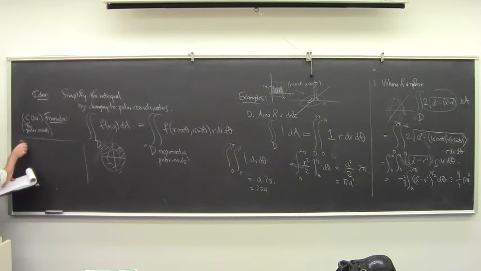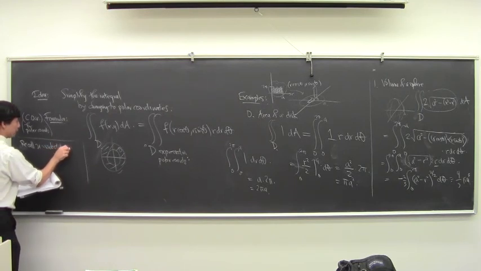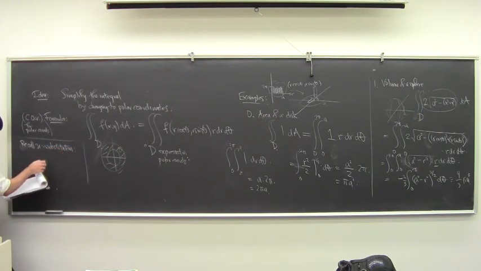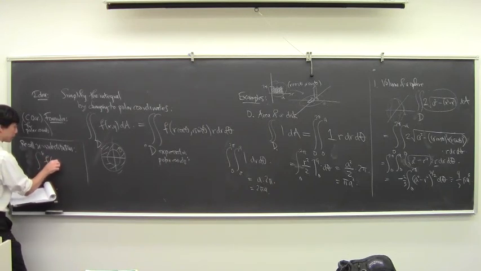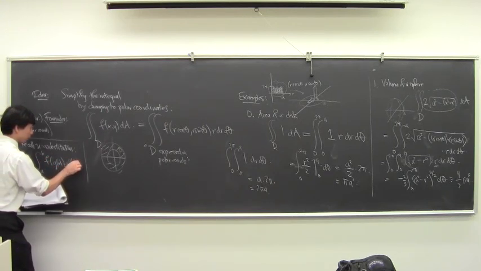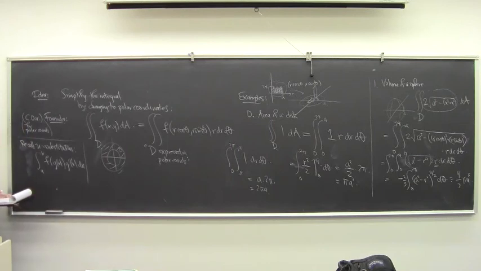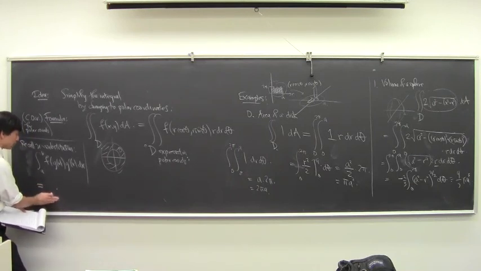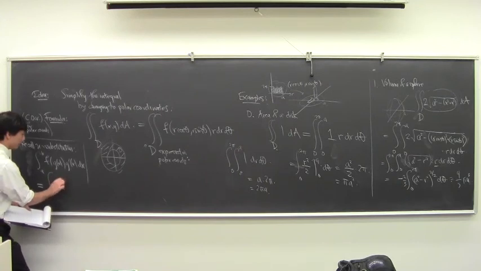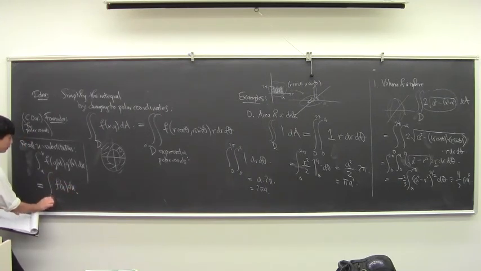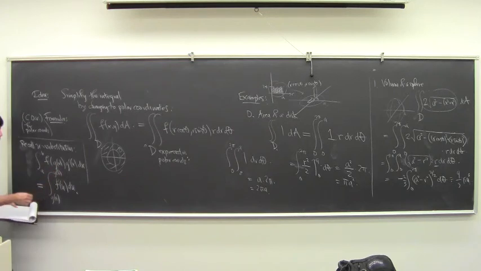Recall U substitution: you have the integral from a to b of some function, and using U substitution, you recognize that this is f of u du from g of a to g of b. This is your old U substitution formula.